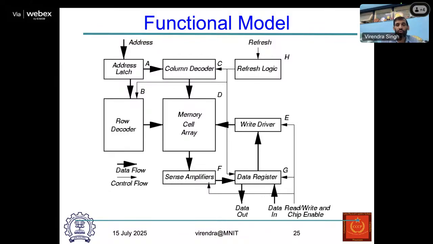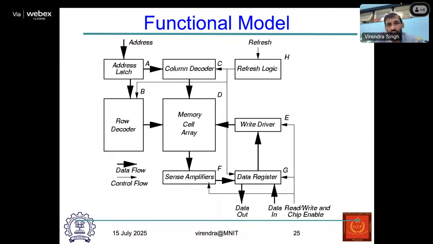Therefore those kinds of memory cells, which we generally have in DRAM, we need to refresh periodically. So there is something called a refresh cycle. After some time, periodically you have to read those values and write them back there. Those are called the refresh cycle. So you have to have a refresh logic that refreshes this periodically.